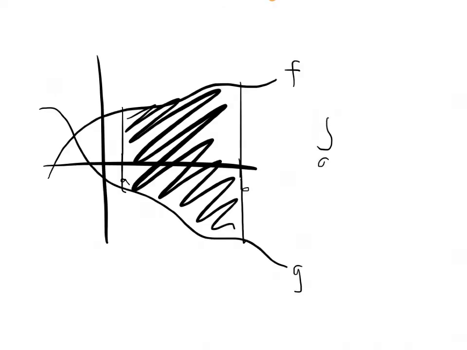We just do the integral from a to b of the f function minus the g function dx. So that's the basic idea behind the whole lesson today. On the next page we're going to look at a specific example of this.